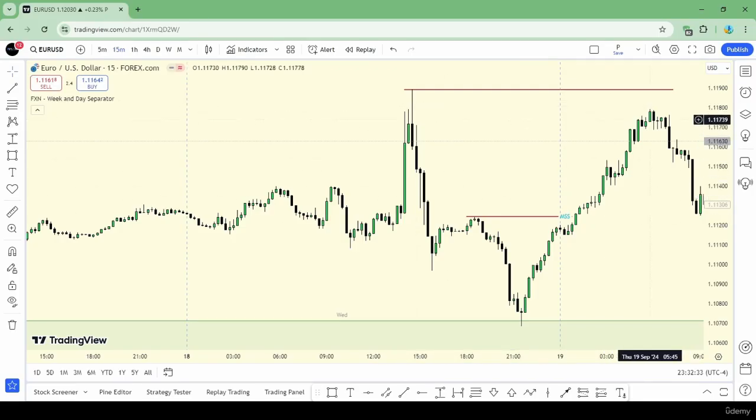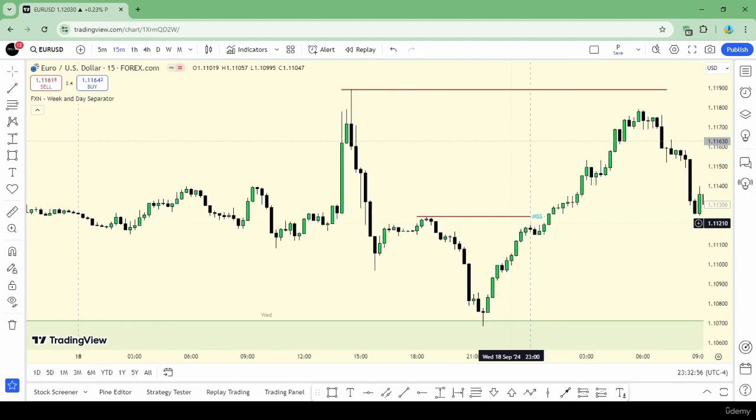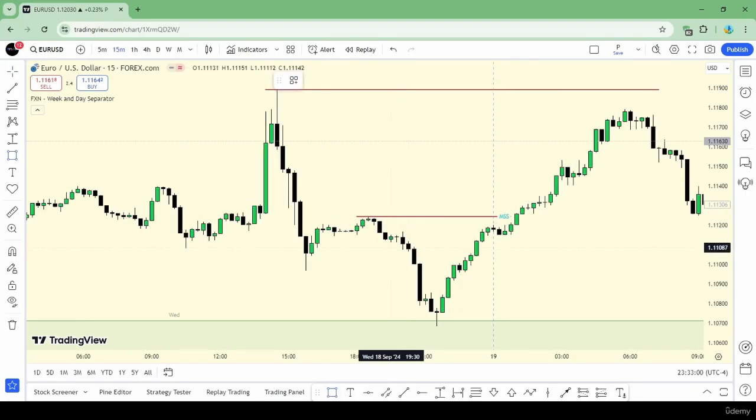What we want to see is a scenario like this, in which we get a move towards the daily liquidity, but we fall short of the daily liquidity, and then later on the market will retest this area in which we broke our structure, which is our breaker.